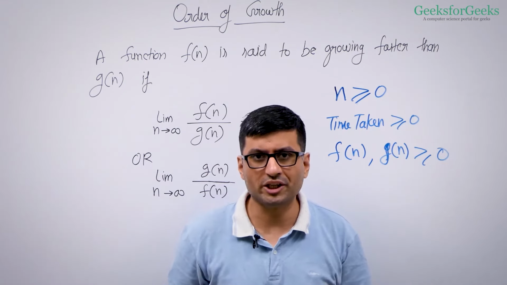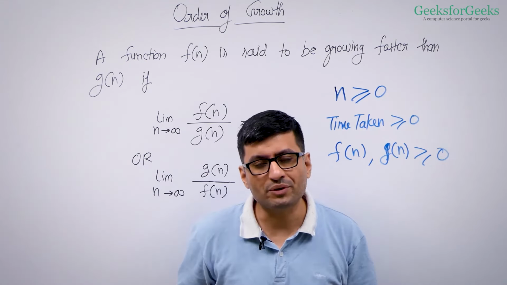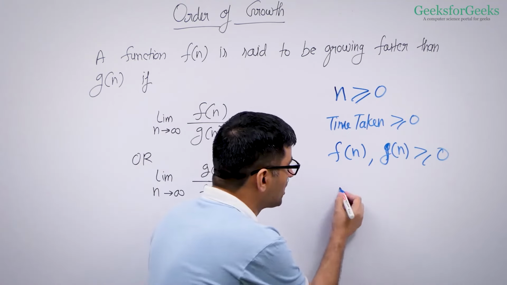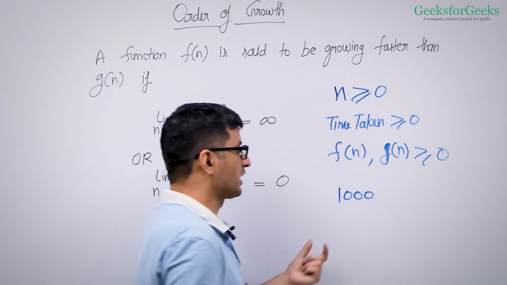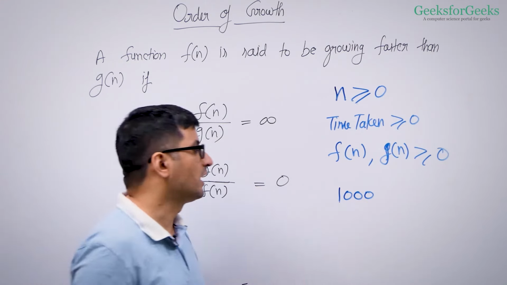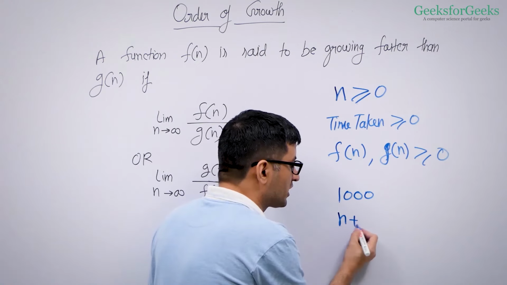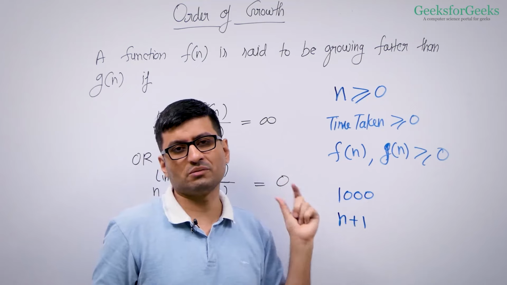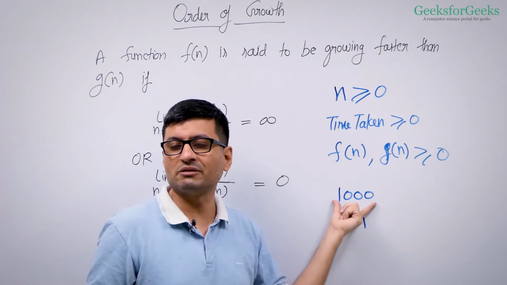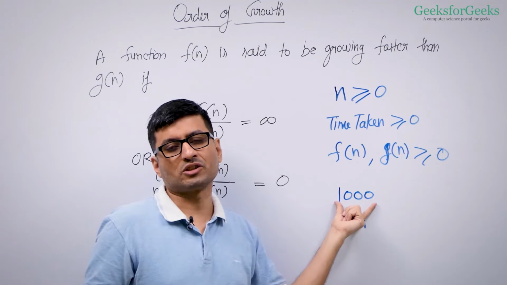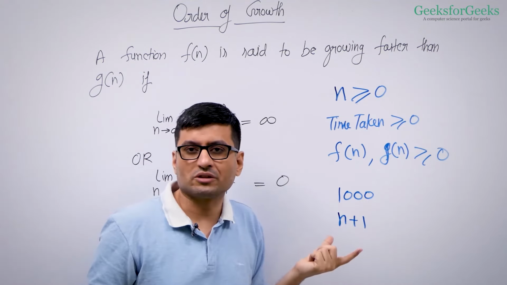However, this has some limitations. If you remember the previous example, when we were comparing 1000 with n plus 1, say an algorithm takes 1000 instructions or 1000 units of time, and there is another algorithm that takes n plus 1 units of time. This 1000 may be higher because this is probably implemented in a programming language that takes more time, and maybe it's running on a slower machine, but it takes 1000 units of time.